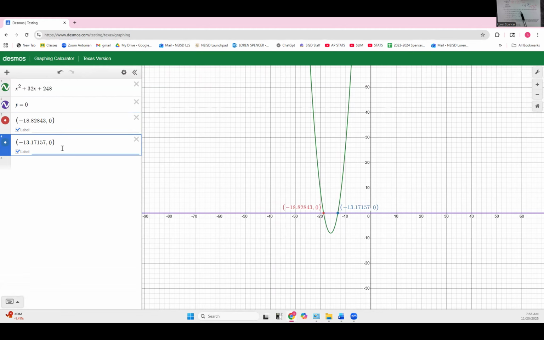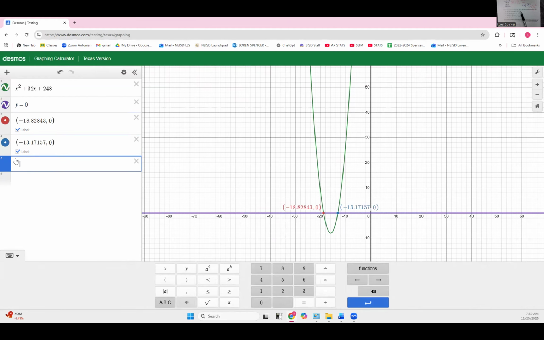We're going to start off by plugging in the first answer choice, which is A, negative 16 plus 2 square roots of 2. And we get negative 13.7157. That's good.